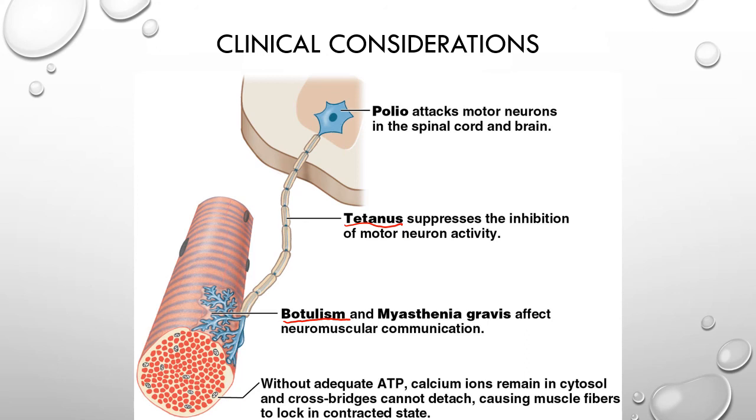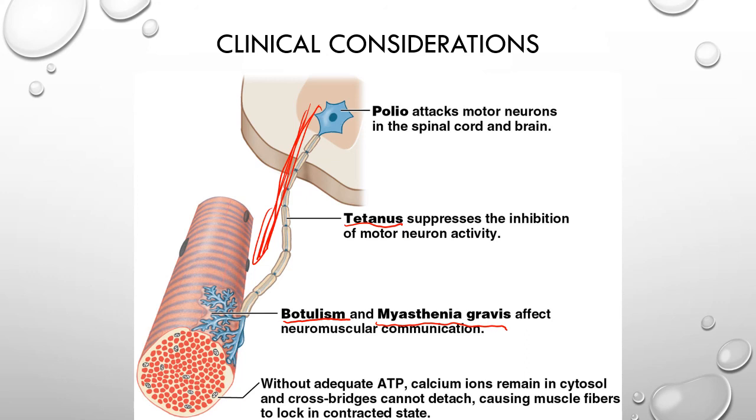Botulinum toxin affects the binding of neurotransmitter to the actual muscle receptors. Myasthenia gravis destroys those muscle receptors. And so effectively, even though this nerve may be telling the muscle contract, contract, contract, it never gets the signal.